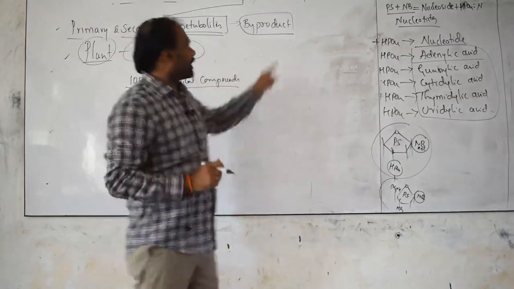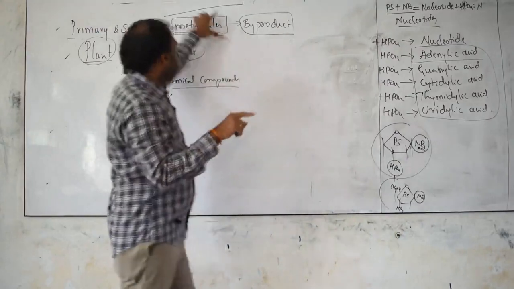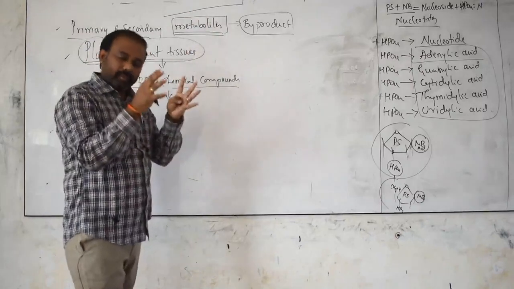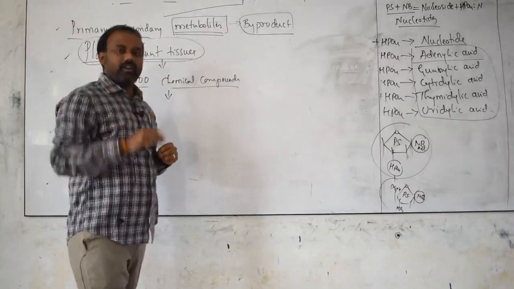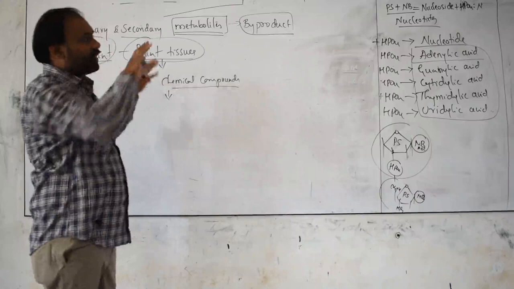Those chemicals are nothing but byproducts, and those byproducts are nothing but metabolites. Clear my point? Whatever chemicals are produced by the plant during their physiology are considered metabolites. In that, how can we categorize?